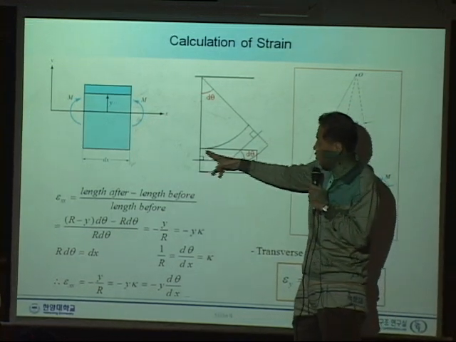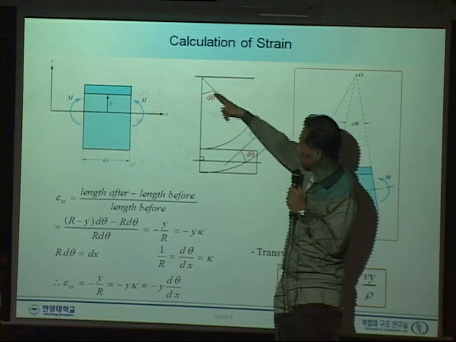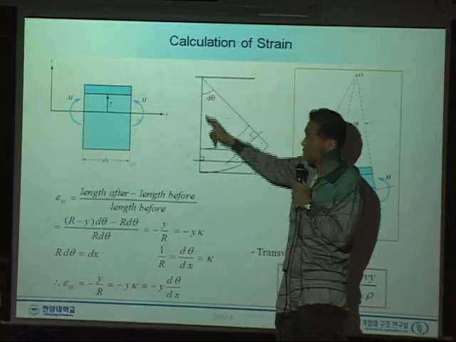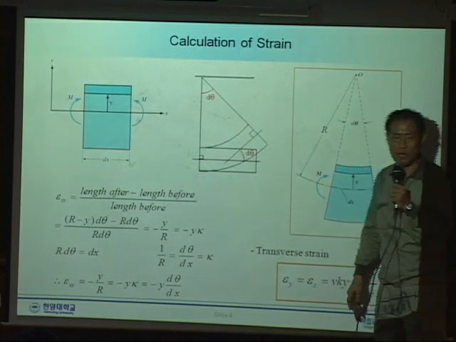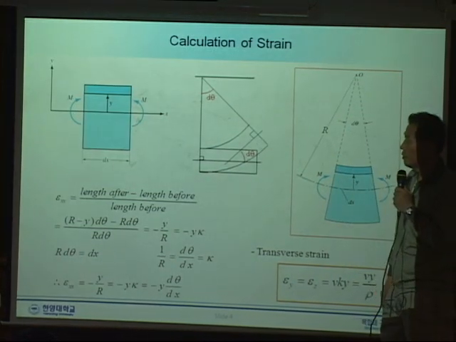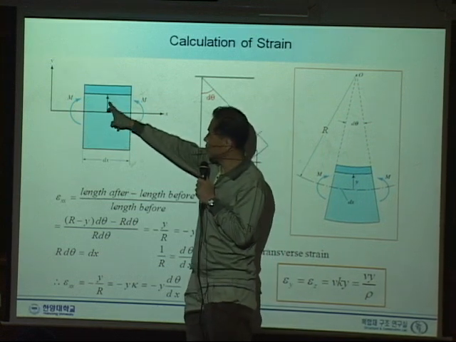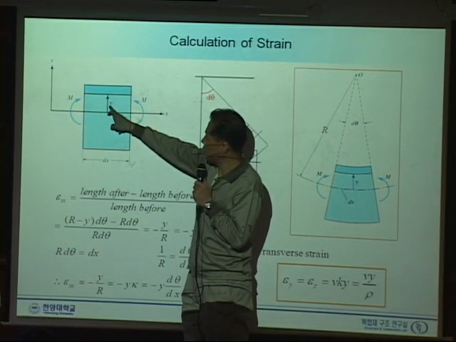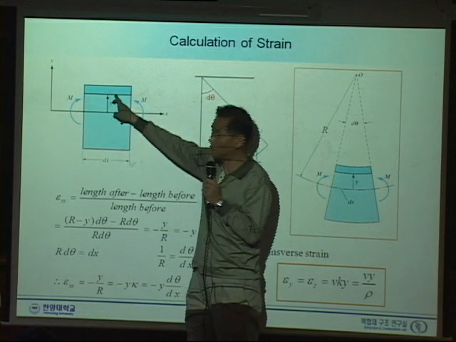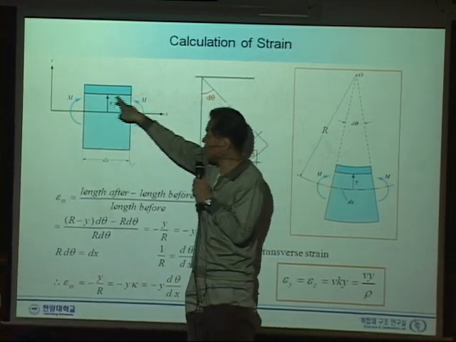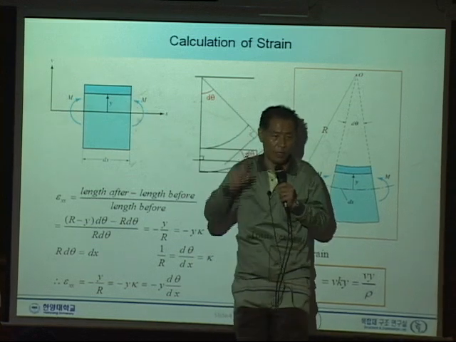This makes a curvature with the center here, and this should be d theta as well. Now, back to here. This line, the position, is indicated by y. Okay, this is the line at y.